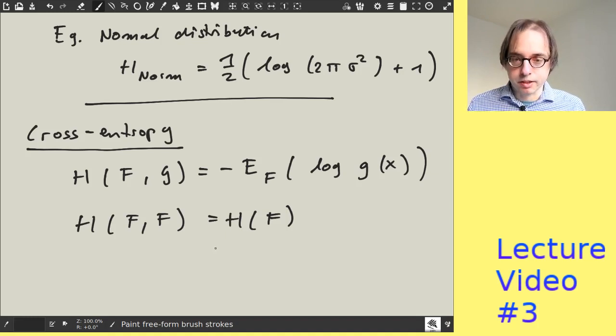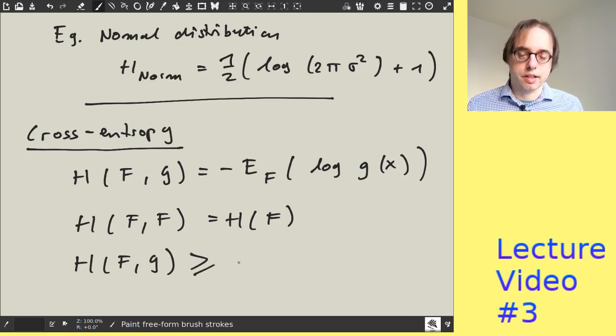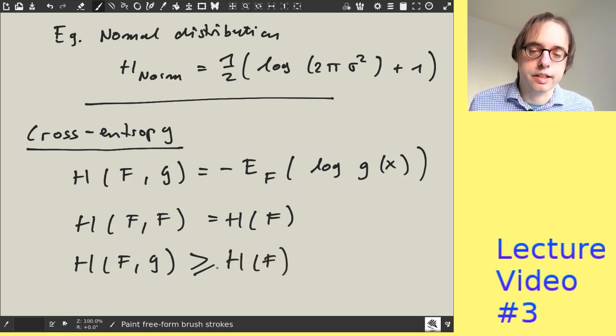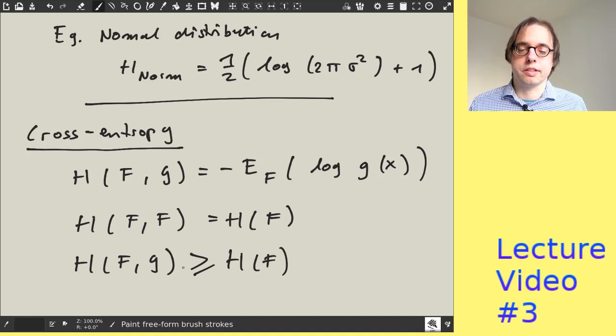And it's bounded below. It's easy to show that the cross entropy H(f, g) is always larger, or at least the same size if f and g are the same, bigger than the entropy of f.